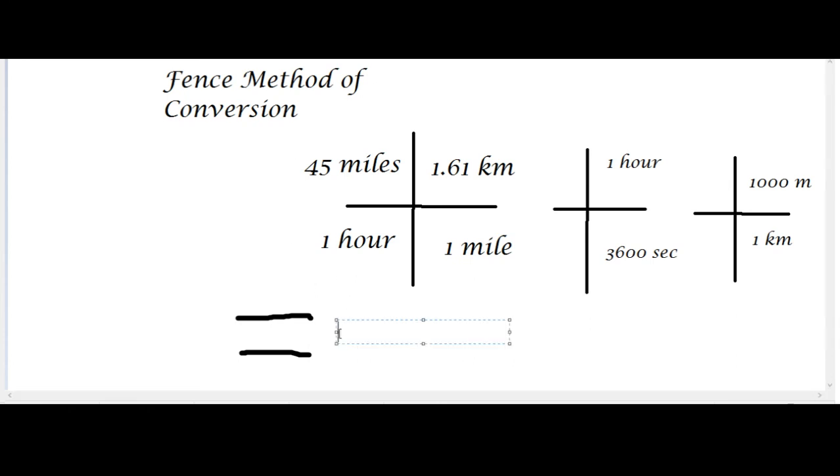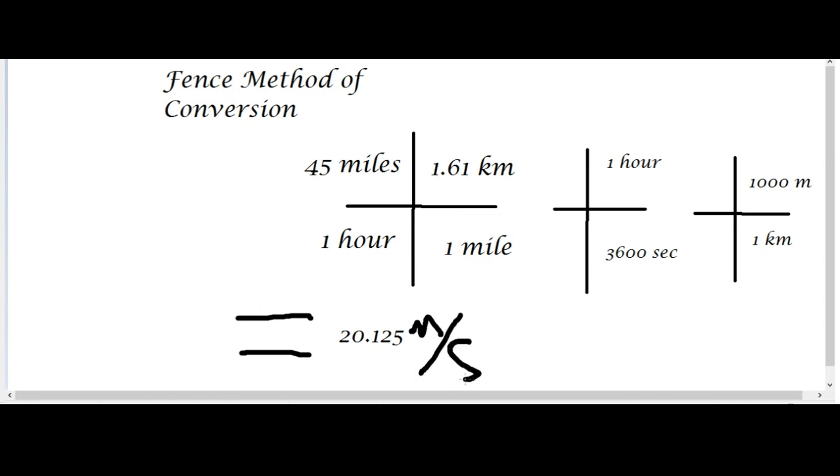And what I got was 20.151, and that's going to be the amount of meters. I'm going to make this a little bit bigger. And that's going to be the amount of meters per second, which I know looks a little bad, but it's all right.